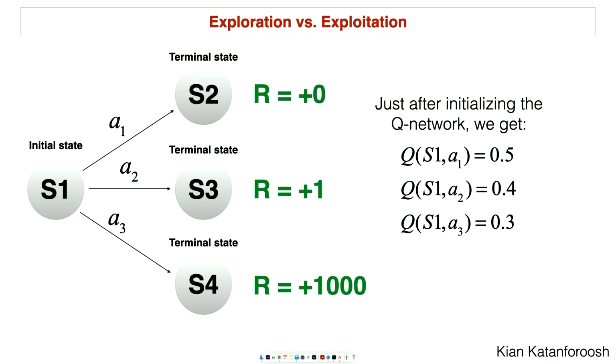So I take action 1 and I see an immediate reward of 0. Because it's a terminal state, the Bellman equation term doesn't apply. I just have the immediate reward, which becomes my target Y. And so I perform a gradient descent update to say this Q value should have been 0. So I convert this Q value to 0.